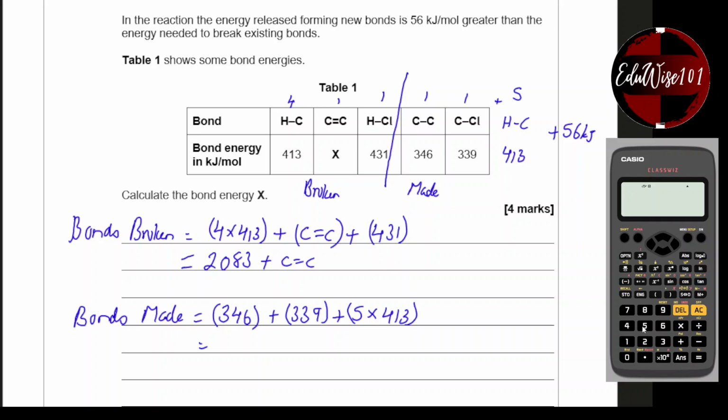So 5 times 413 gives me 2065. Add that to 339. Add that to 346. Gives me a total of 2750. So energy released.